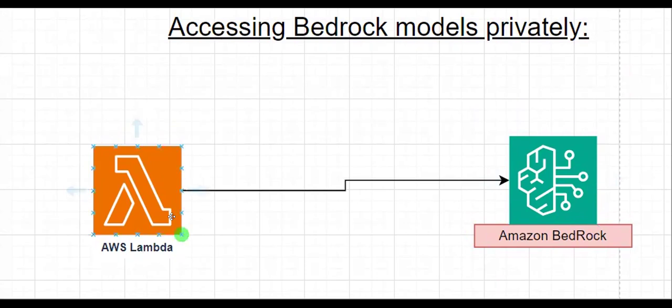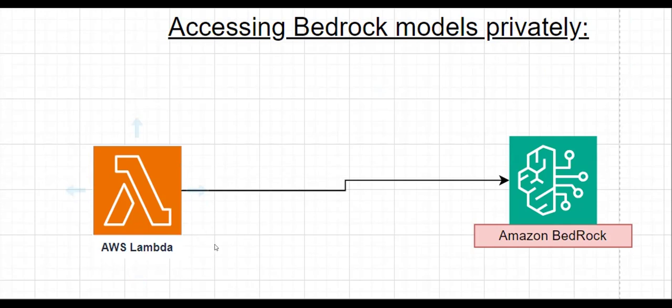You can secure this Lambda function by putting it into a private subnet of your VPC. Okay, let's say I put this Lambda function under my private subnet. When I put it under a private subnet, can you tell me if this Lambda function has access to the internet? No, right?